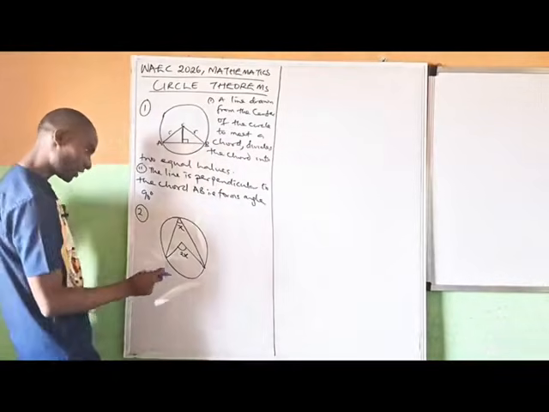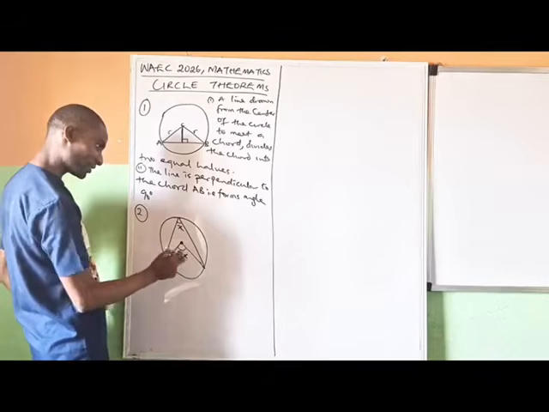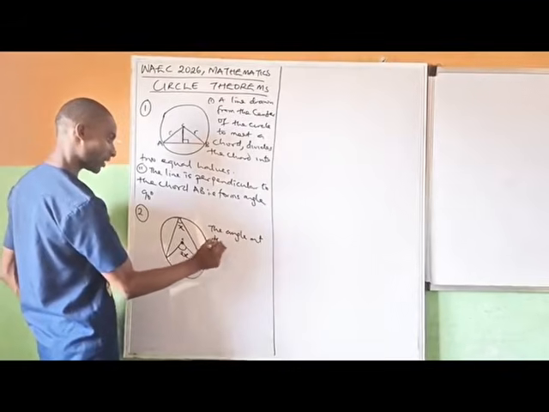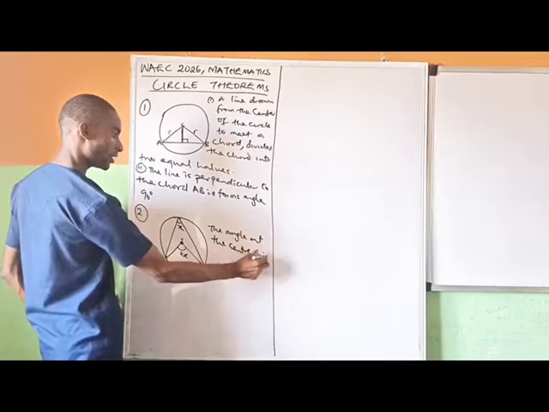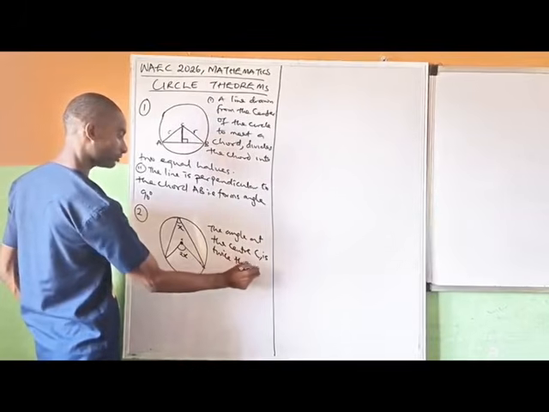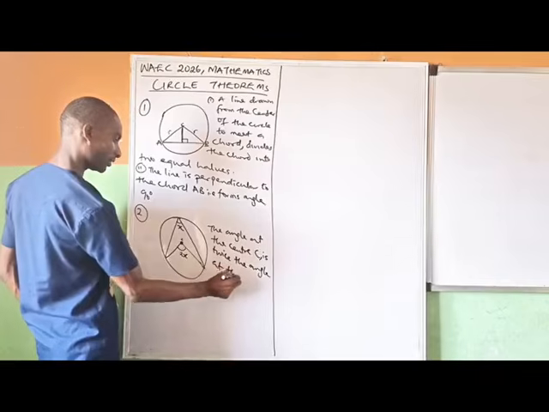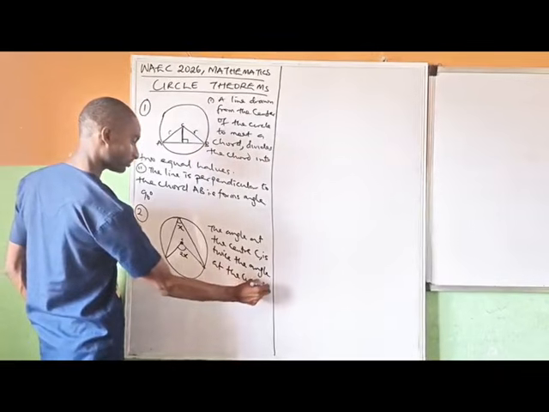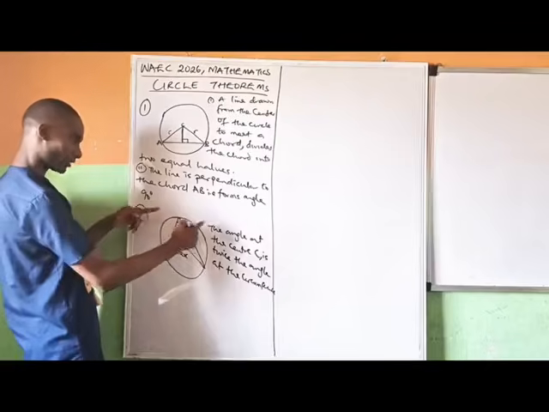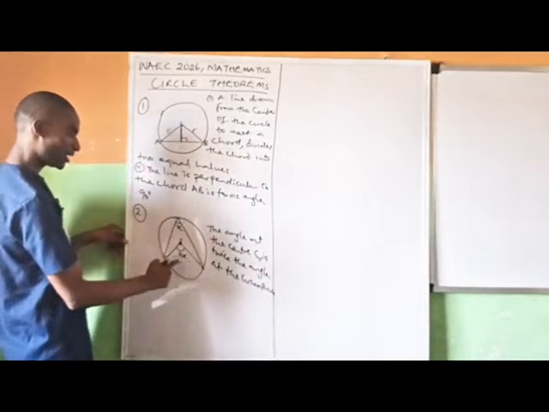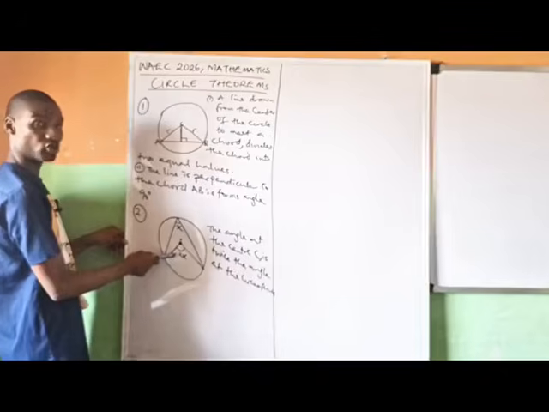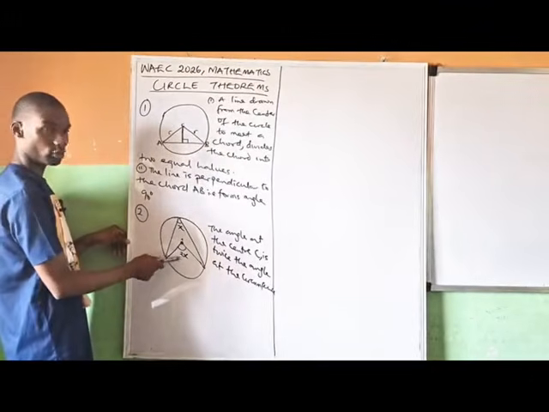So this theorem says the angle at the center, so this is the center C, the angle at the center C is twice the angle at the circumference. The circumference is at this point, at the top here, this angle x. So this is 2x. So if here is 30 degrees, here will be 60 degrees. And if here is 100 degrees, that means here is half of what you have here.